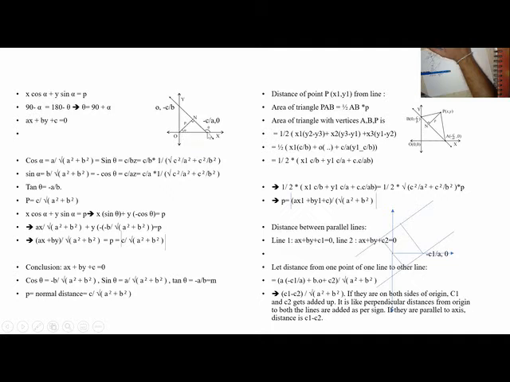So x cos alpha plus y sin alpha is equal to P. This is the equation of this line in terms of P and alpha. So we know 90 minus alpha is 180 minus theta. So theta is equal to 90 plus alpha. Now what is cos alpha? Cos alpha is equal to A by square root of A square plus B square, which is equal to sin theta.